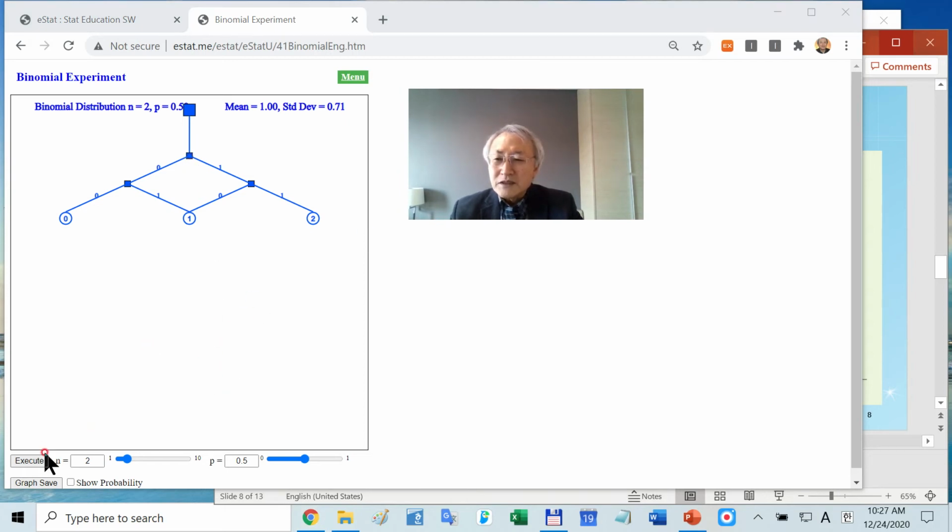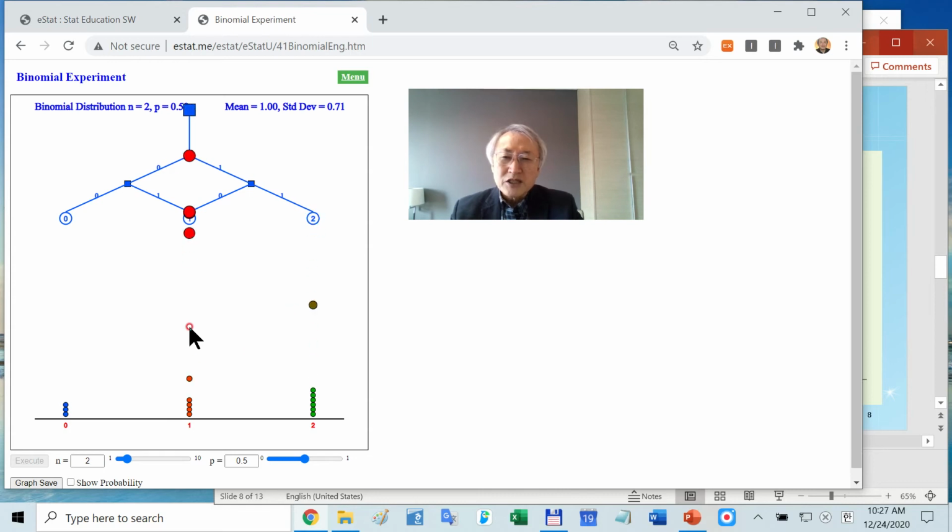Well, if you click the execute button, the probability of chance of 1 is 0.5. It looks like this. We drop the ball. We are watching how many times it would land here. Since there are 2 branches which give you 1 point, well, it has more probability than the other.